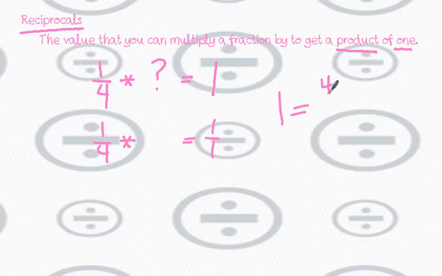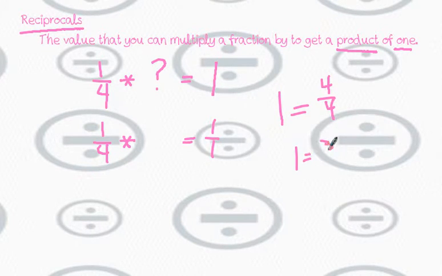We want to know what times 1/4 will give me 1. So I need something times 1/4 that is going to give me essentially 1/1. But that's not always going to be the case. You have to remember that 1 can be 4/4.